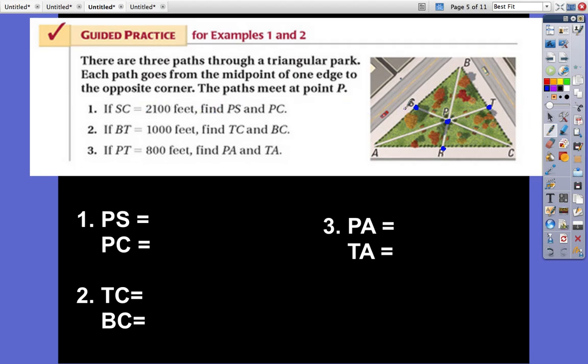They tell us SC is 2,100 feet. Find PS and PC. Well, PC is the longer part of the segment, so PC is 2/3 the whole thing. The whole thing is 2,100 feet. So PC is 2/3 of 2,100. So we'll just plug that right in.